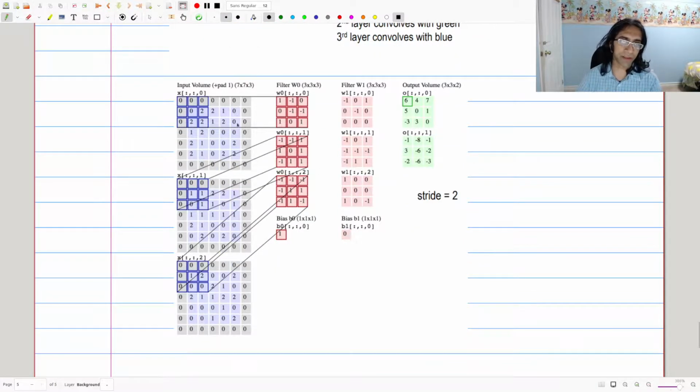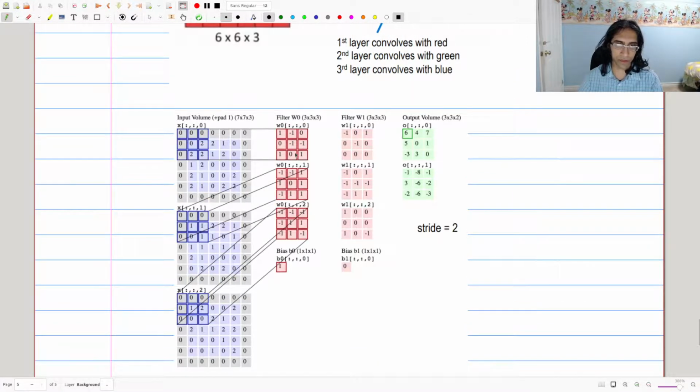Suppose you have a 7x7x3 input with padding equal to 1, and this is the input here on the left. Confirm for yourself that the size, the original input was 5x5 by 3, but it includes this 0 padding, so it makes it a little bit bigger. And here is our first filter, which is a single filter, but it's depth 3, and it's going to slide over it.